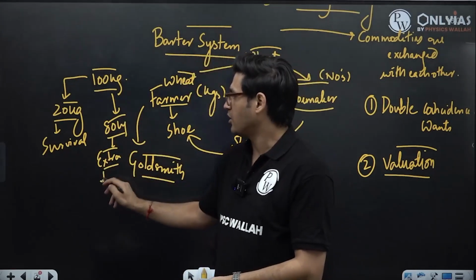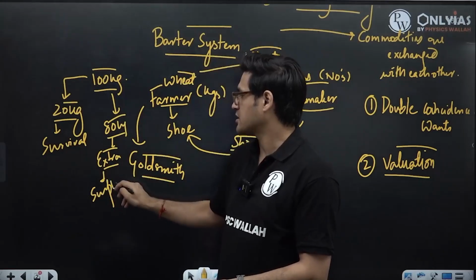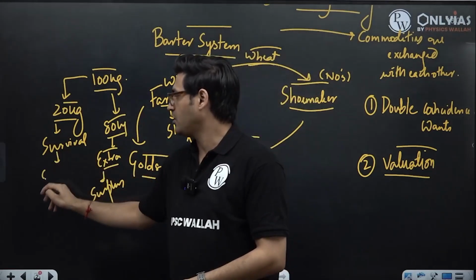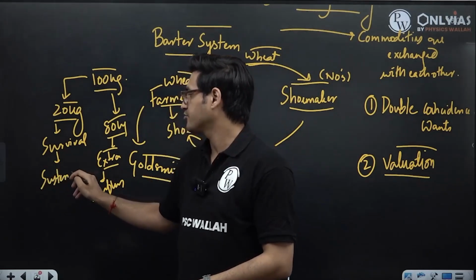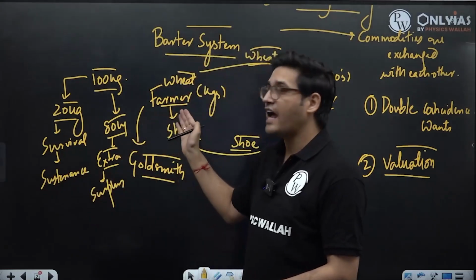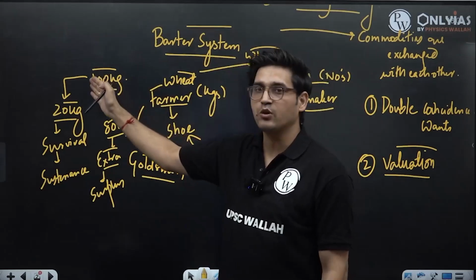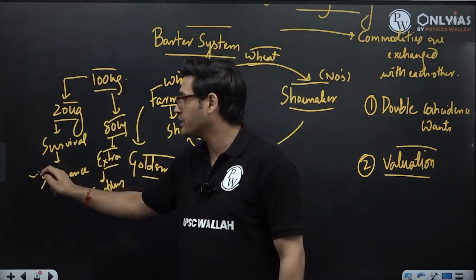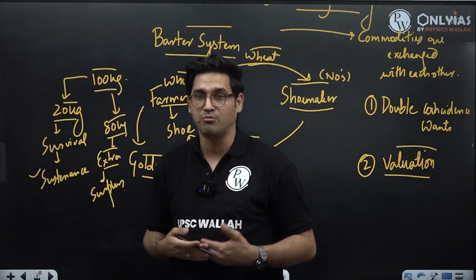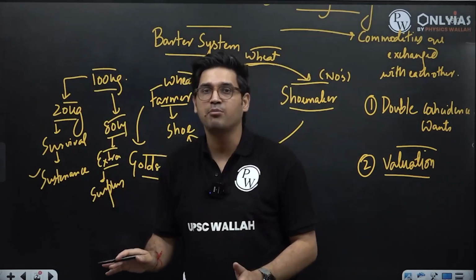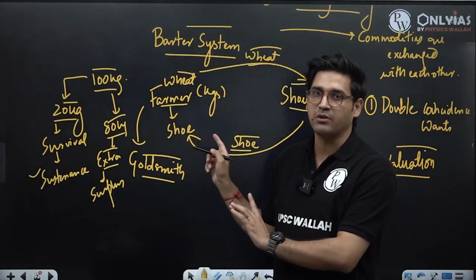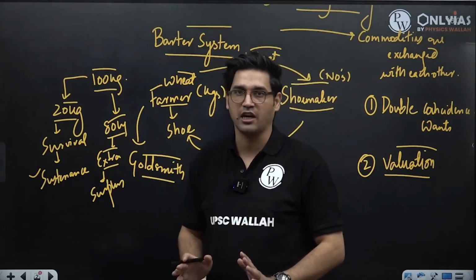This part is called surplus and this part is called sustenance. That means I am a farmer and I'm also a producer of wheat. Of all my total production, one part is going to go towards my subsistence, my survival. The remaining part I can trade with other people in exchange for other things that I may require.